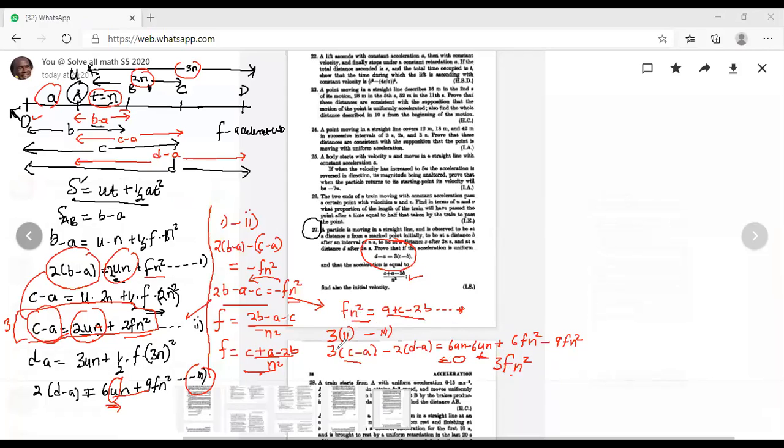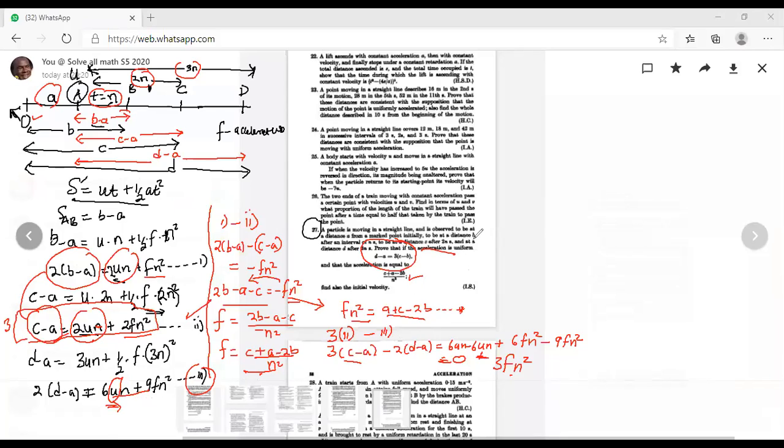But the other one you're saying is also right, but it is longer because you're going to substitute either in equation 2 and equation 1 to solve it simultaneously with equation 3. So to avoid that risk, I design fn squared, I eliminate the un in Roman 3, then because I want to introduce a d as per this equation, then I handle whatever I want.